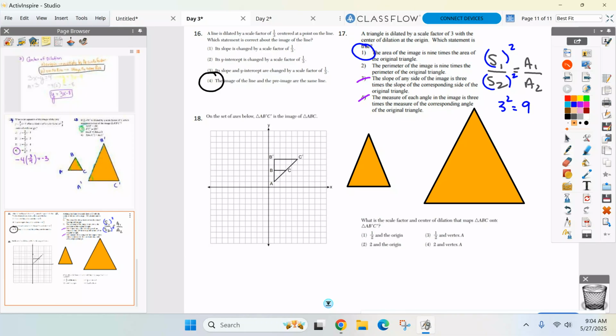What point did not move? A, right? So that must be where the center is. All right, because if it was the origin, A would move somewhere else. And is it getting bigger or smaller? As you go from ABC to the prime one, bigger or smaller? Bigger, so it can't be 1/2. All right, 1/2 would make it smaller. So it's got to be choice 4.